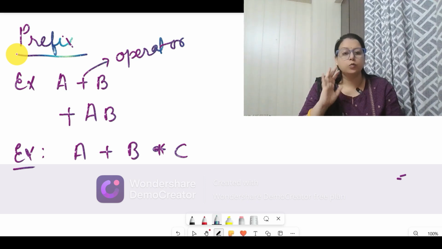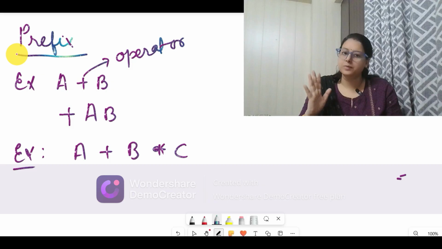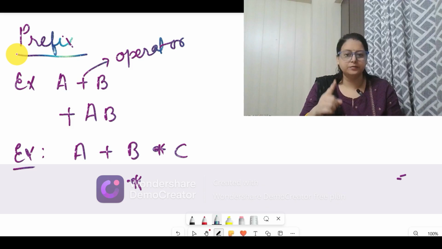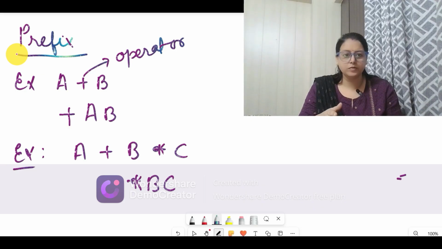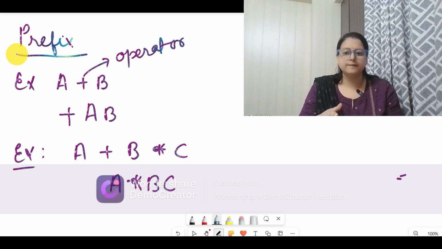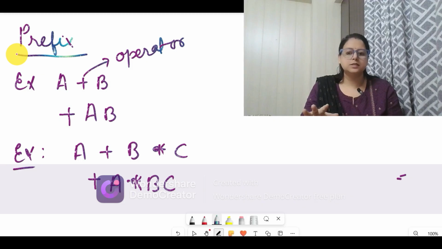So that is our need for this prefix. Keeping this in mind, we will write things so that the computer can understand the priority of tasks. How will we write? We know B and C will be multiplied first in our mathematics. So first of all, keep the multiplication operator in the front and then write B and C. This is how the computer can understand that first B and C will be multiplied. Then keep A over here and then plus. This is how evaluation will be easy for the computer.